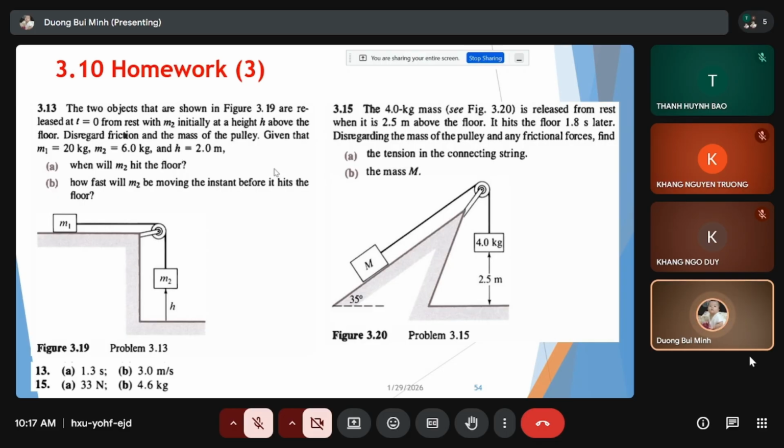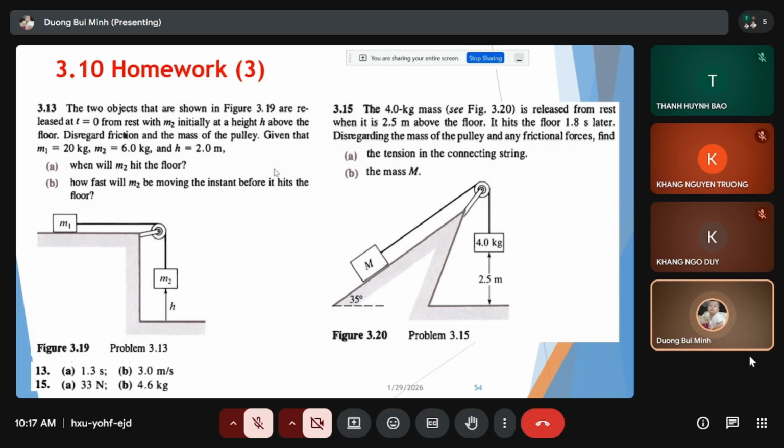So we have this one, right? Here we have 35 degrees, and here we have M, right?